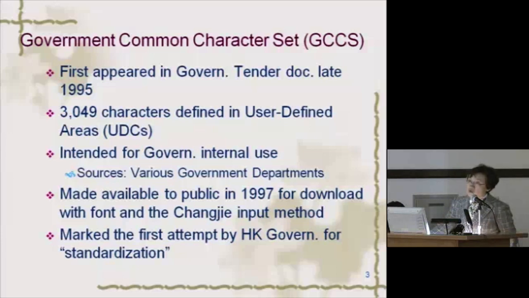If you have the input methods, you should be able to use it. So in a way, this is where the Hong Kong government started to go public. This is not really the standardization yet.